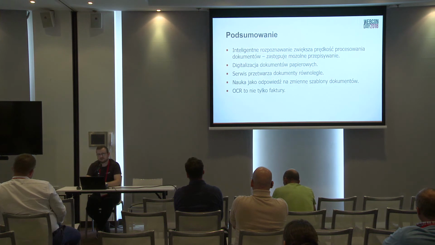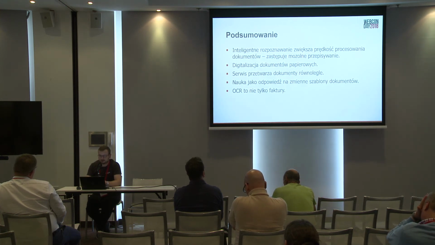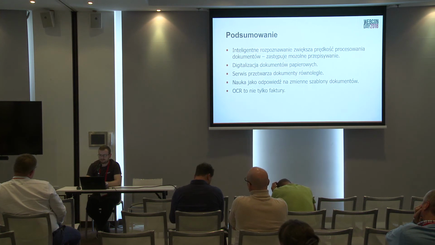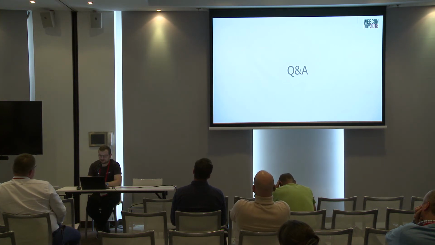The best example in this respect are invoices, because every single client has a different invoice format, and our neural network can be adjusted in such a way that it recognizes almost all data in the document. And please bear in mind that OCR is not only about invoices. You may want to work with other documents, and these documents may be processed in a way that is accurate.